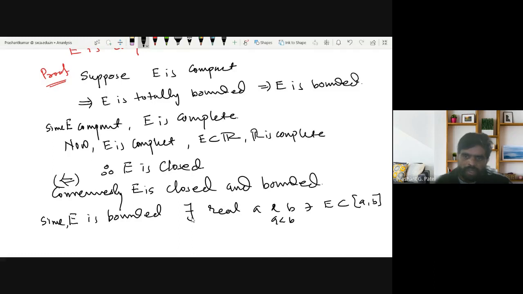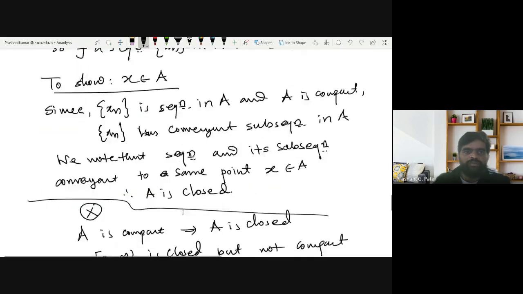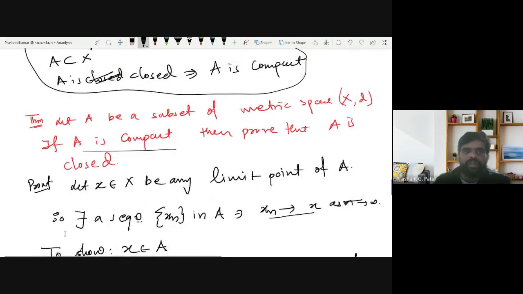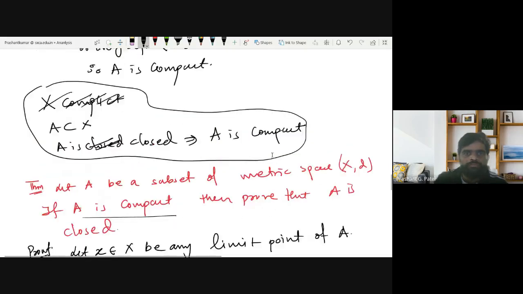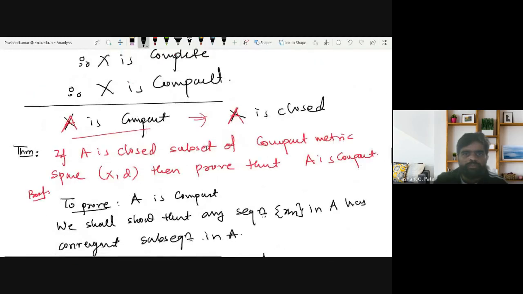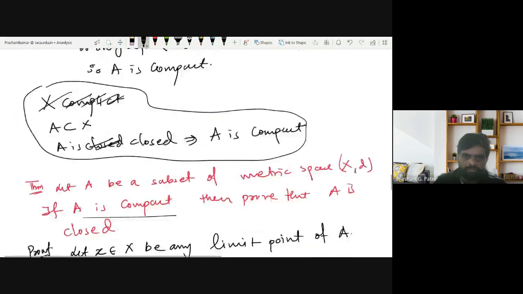And E is a closed subset of a compact metric space. We have proved the result that any closed subset of a compact metric space is compact. So we use that result here.